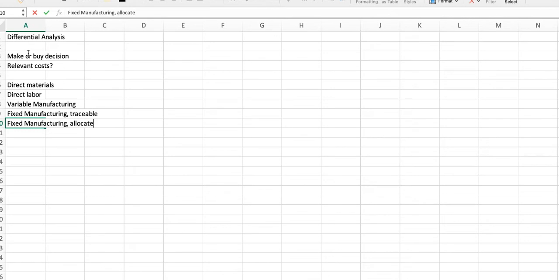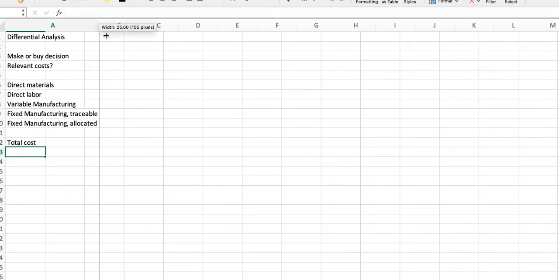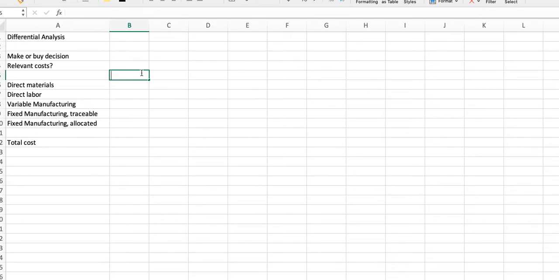Traceable and allocated. Okay, so it's important that you keep those separate, and we can do this lots of different ways. It depends on what your particular industry is making or buying, and how you're going to look at this.